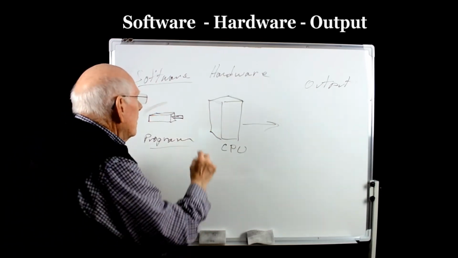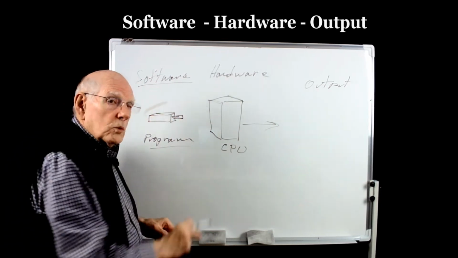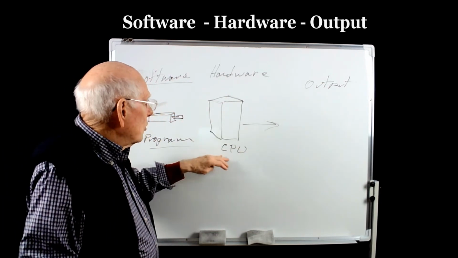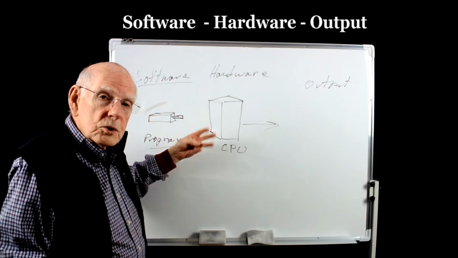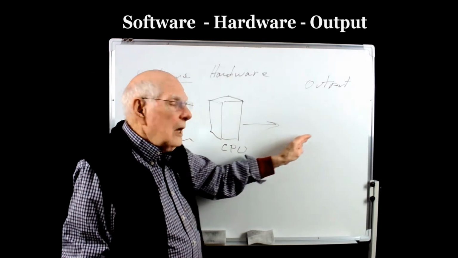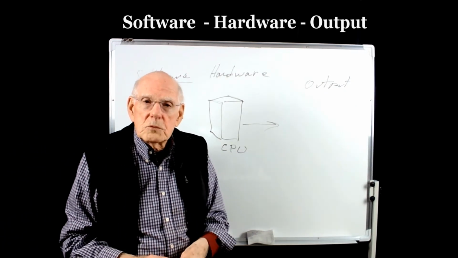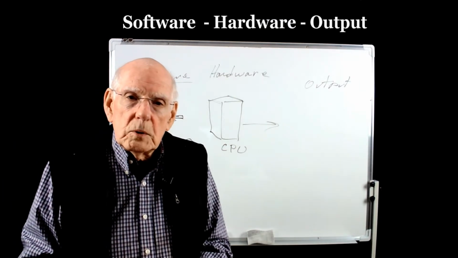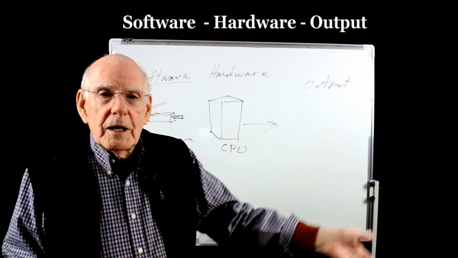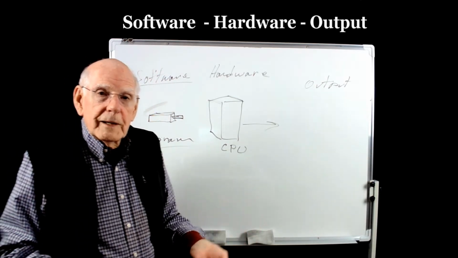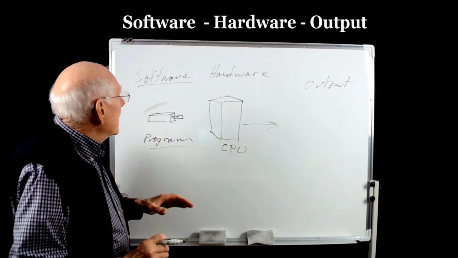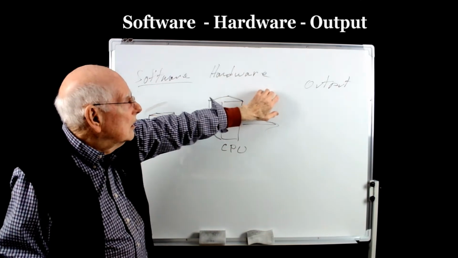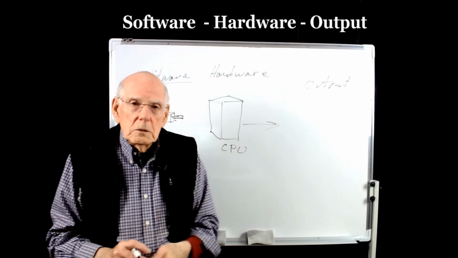Then from the signal from the software, the hardware goes through its process of crunching the information, and out will come some kind of an output, whether you print a piece of paper or send a text or something like that. So this is the model that we're going to use. Software, hardware, output.